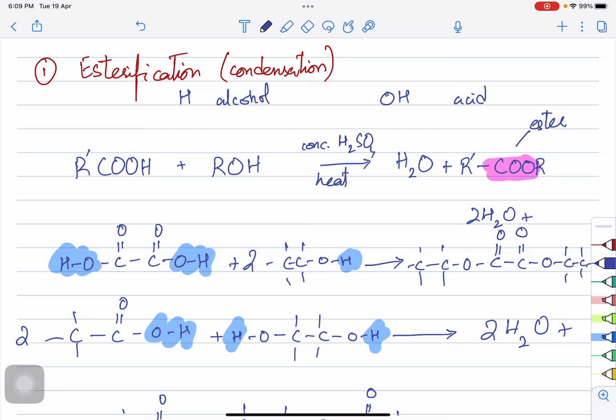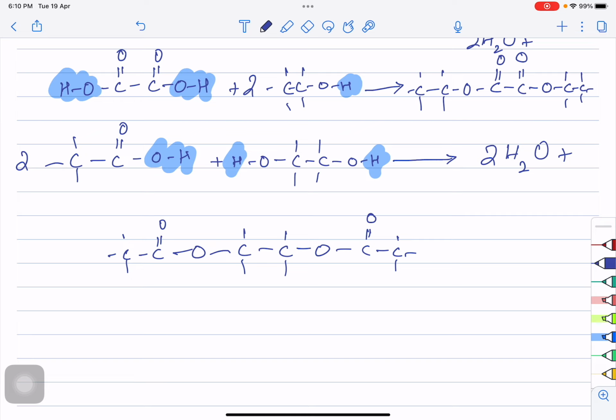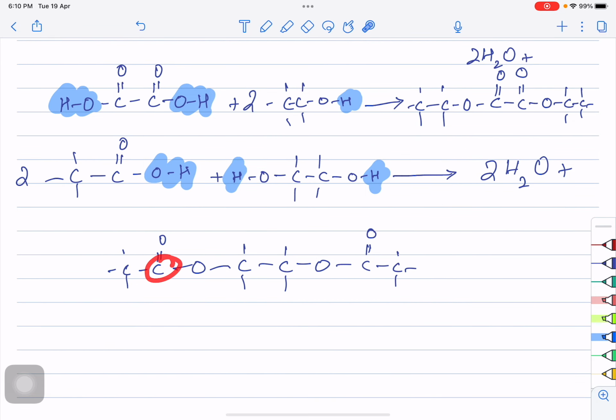If you have made the ester and you want to get back from this ester, you can do nucleophilic substitution, and that nucleophilic substitution basically attacks the carbon in this ester bond, and it will break this down and you will get the ester broken down into the alcohol and the acid that it came from.